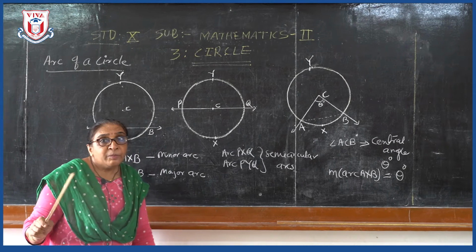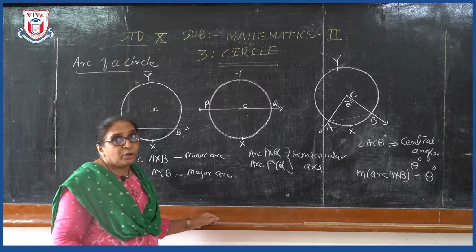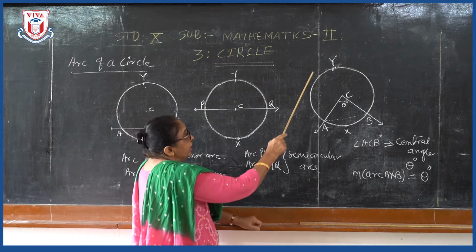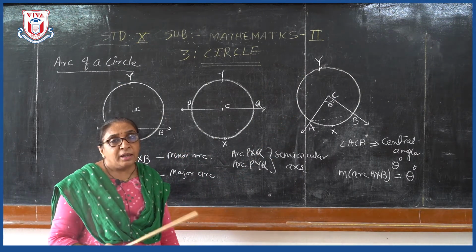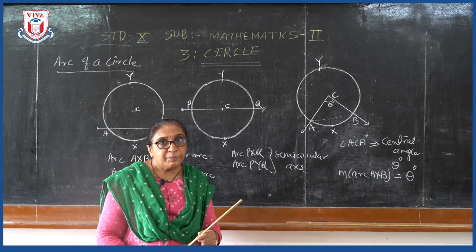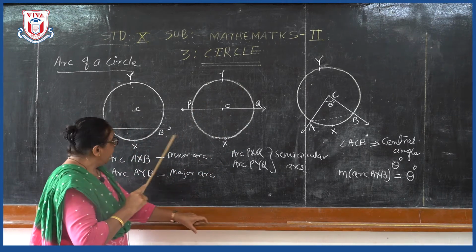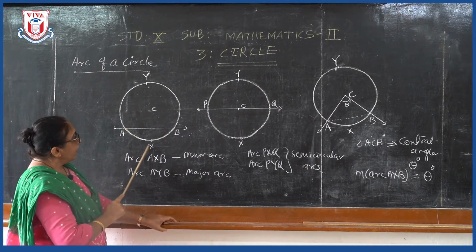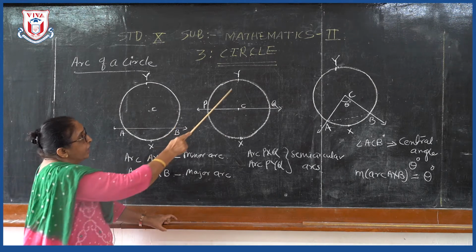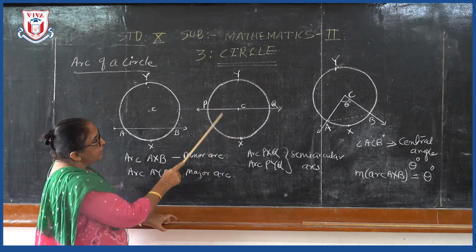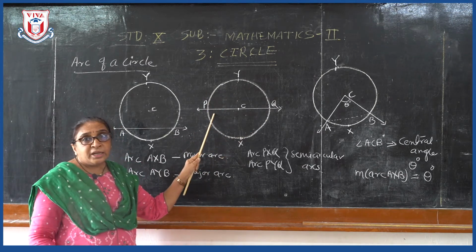Now, if we see the measures of minor arc or major arc or semicircular arc, for the complete circle, the measure of the complete circle is 360 degree, and this 360 degree is divided. In semicircular arc, 360 is divided into exactly 2 equal parts.